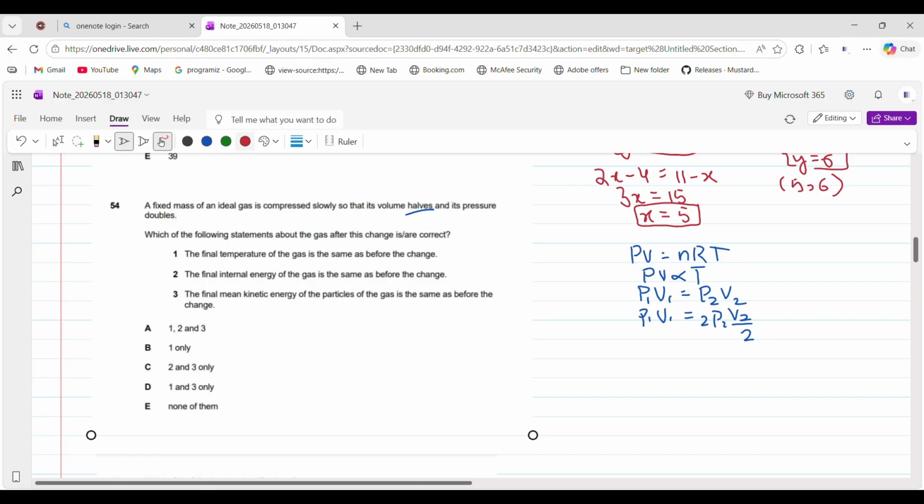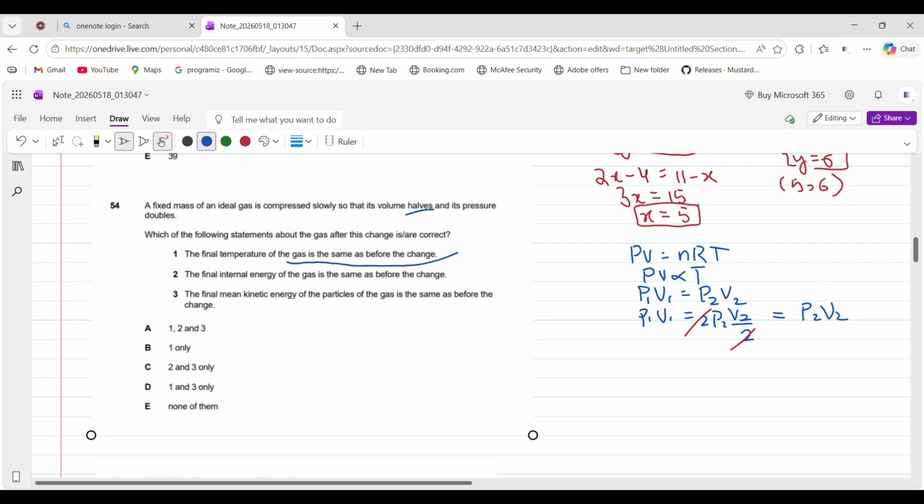Now again these 2s would cancel out, and we would be left with P2 V2. So nothing has changed, right? Now we need to find which of the following statements about the gas after this change are correct.